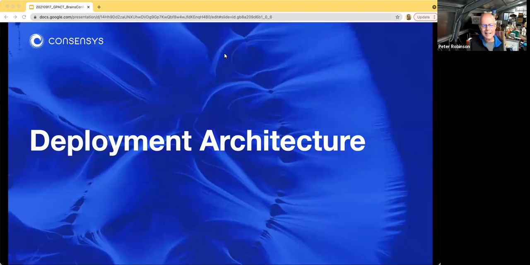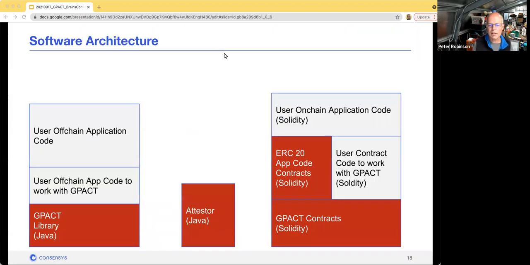So looking at how this actually works when you're deploying it, what does that look like? On the blockchain, you've got your application code, the business logic. And we've got those GPACT contracts, the cross-chain control contract, and underneath that, you've got those verification contracts as well.